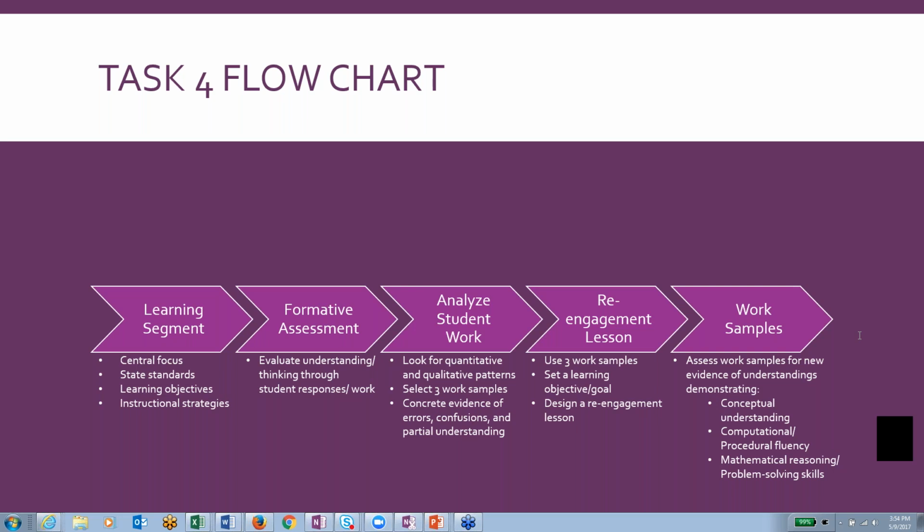You just keep in mind that when you're analyzing those work samples, you'll probably want to refer to specific timestamps to pinpoint the concrete evidence. So yes, it can be formative, it can be recorded, or it can be paper, whatever works best for you. Remember though, it has to demonstrate students have conceptual understanding, computational, procedural fluency, mathematical reasoning, and problem-solving skills.